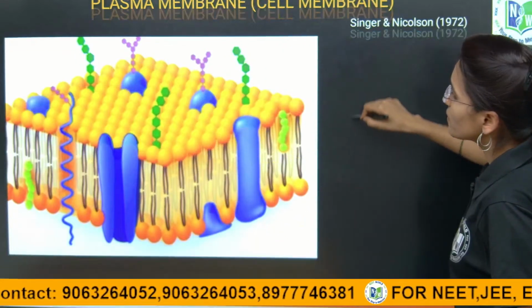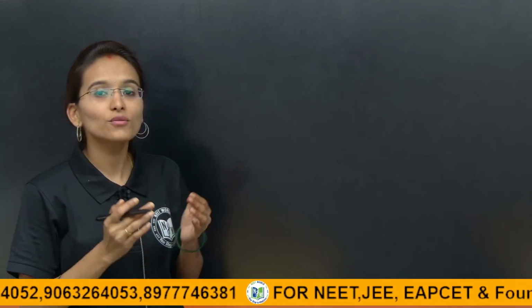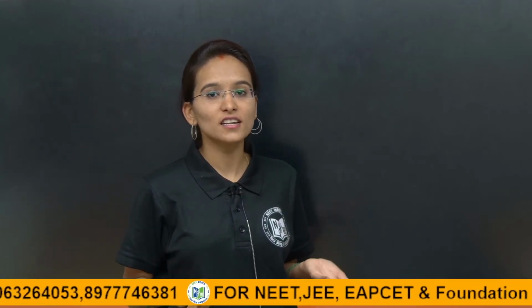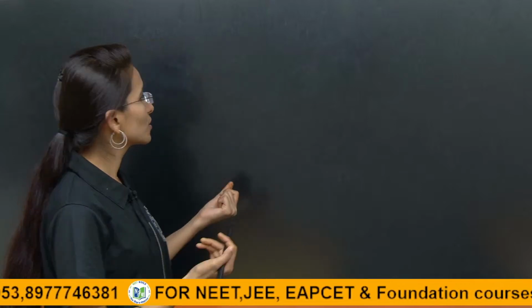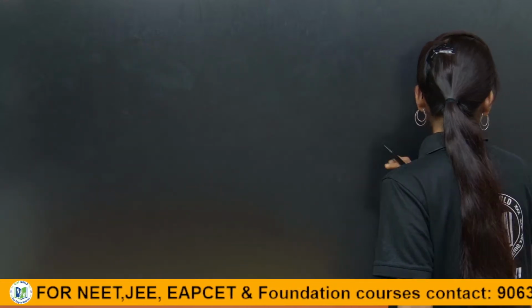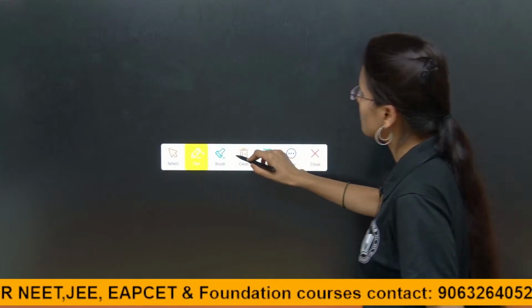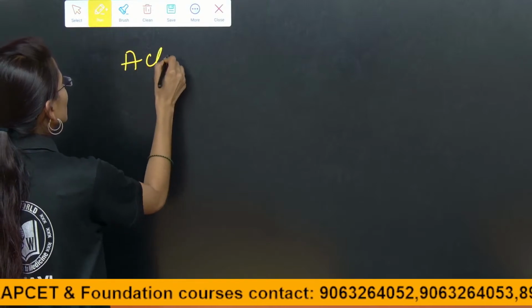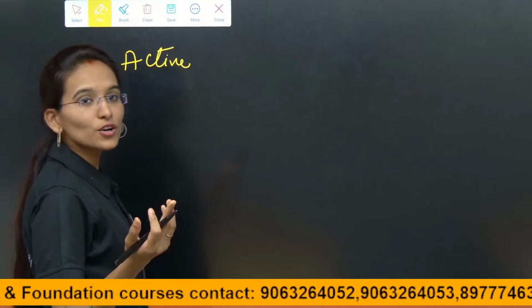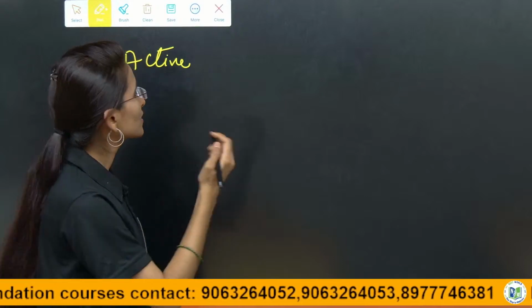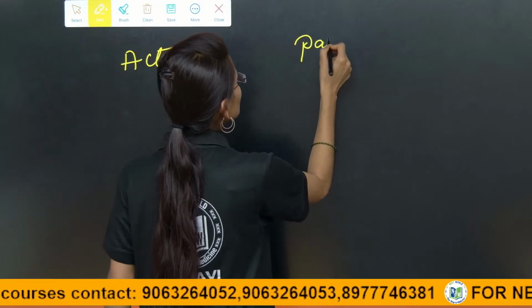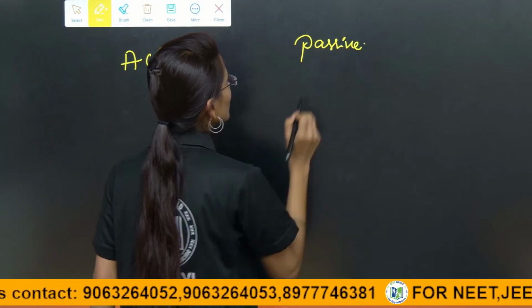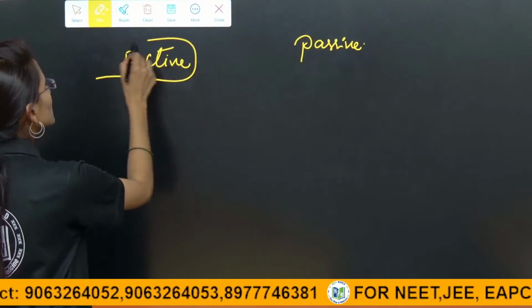Now we will look into the transport mechanisms, how the molecules or ions are going to be transported. You can transport the molecules or ions by two mechanisms. The mode of transport is of two types: it may be either active transport or passive transport. We will discuss active transport later.